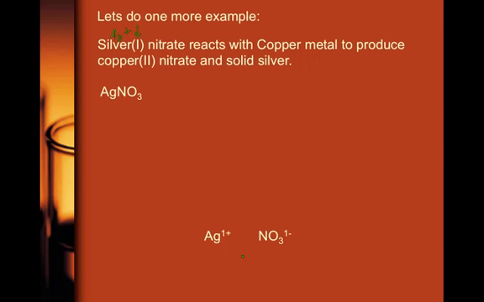It's going to react with copper. Now, it's copper, so it's just the element copper, copper metal. You could put an S there afterwards, since it's the metal, and metals are generally going to be solid form. But we're going to ignore that for now. We're just going to do the equation. We're going to produce copper 2 nitrate. So once again, that Roman numeral 2 means that the copper charge is a 2+.